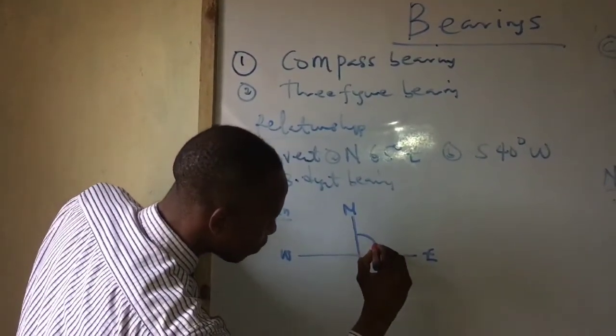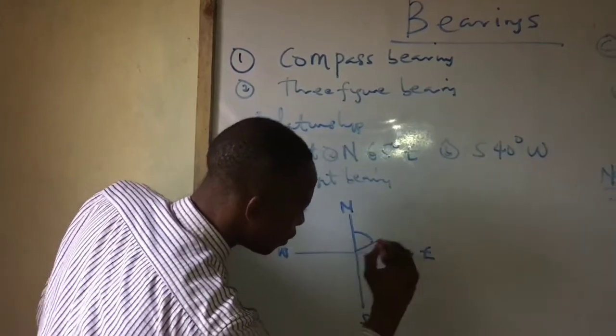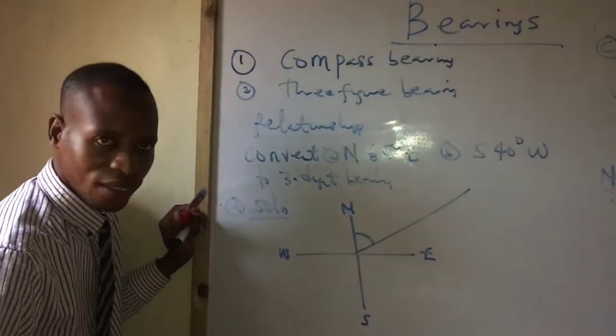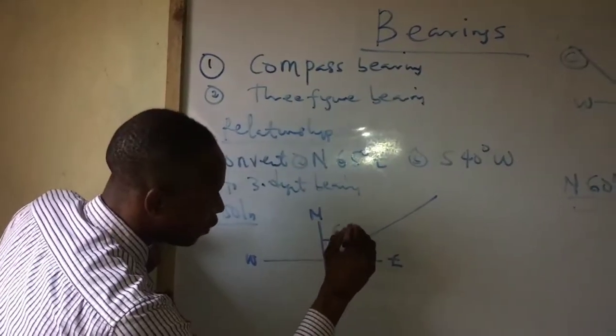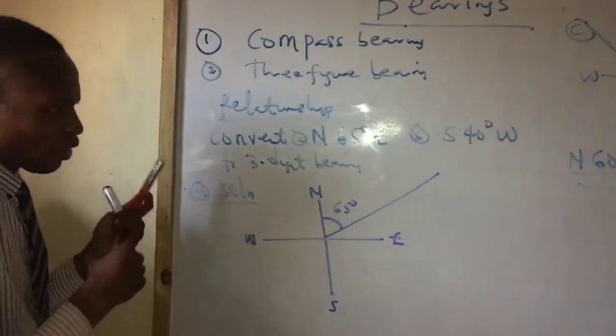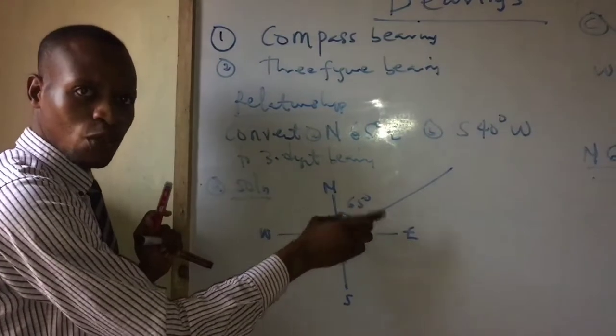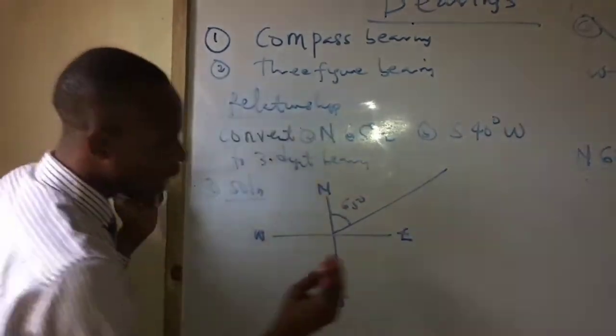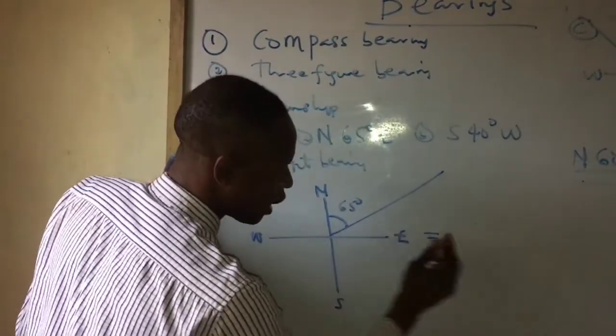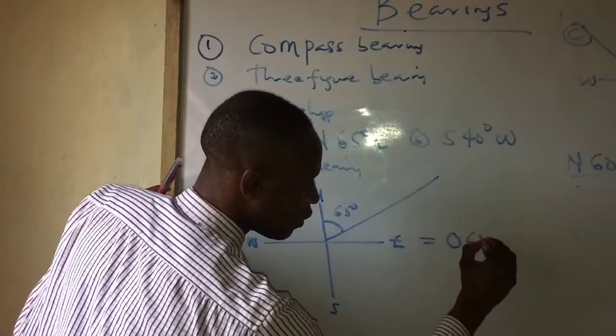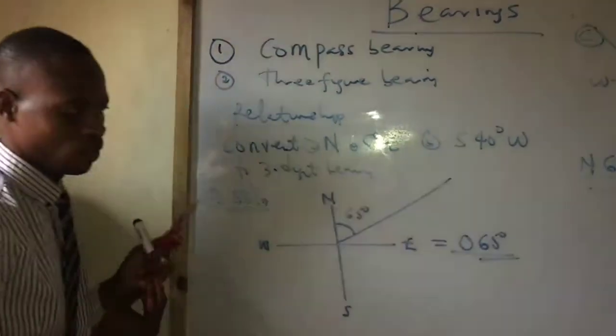We go this way, as you can see. We move like this. So this is 65 degrees. So converting it to three-figure, this one does not have any issues because it's still within the quadrant, right? So our answer is just going to be, you cannot put it as 65, you just simply add 0, so 065 degrees, and that is all.